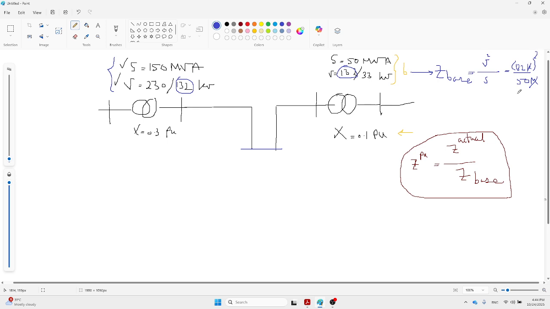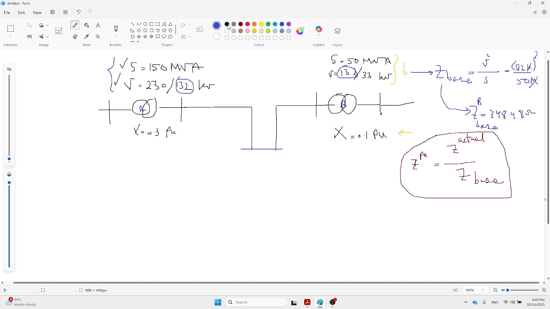So 132 squared over 50 equals 348.48. This is the Z base for this transformer. I assume this is transformer B, and this is transformer A. So this is the Z base for transformer B.